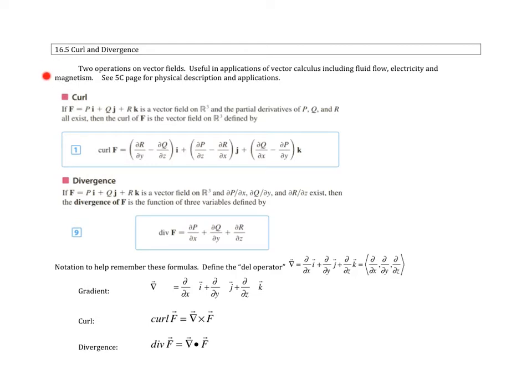But I'll give you a little sense of the physical application and point you in the direction if you want to learn some more. Okay, so the operation of curl: suppose we have a vector field with our standard notation like this. The curl is defined to be, we put in our vector field and we get out a vector. It has these partials: the z component with respect to y, the y component with respect to z.